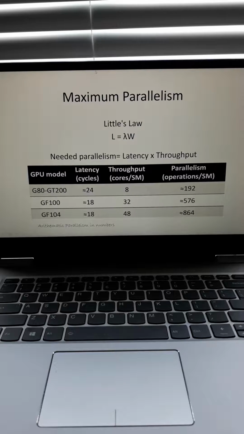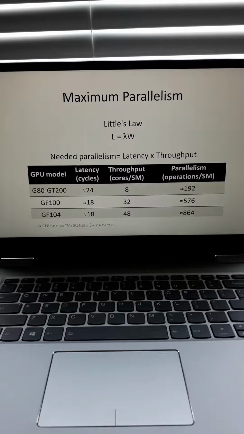Now let's talk about Little's law. Little said that the long-time average number of customers in any stationary system is equal to the long-time average rate of arrival of the customers multiplied by the time they take to complete their work in that system.